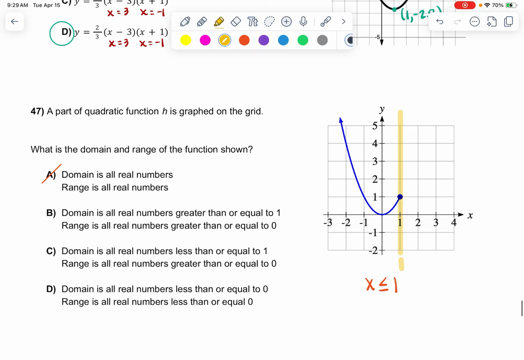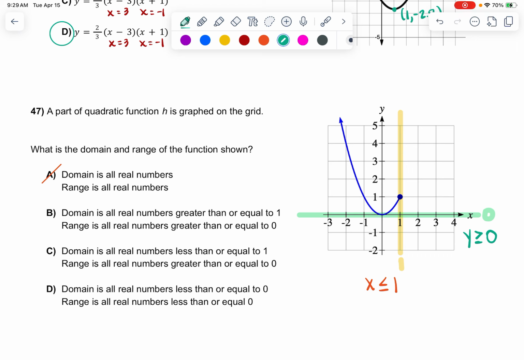And then if we look at our y's, he's trying to go forever down, but he hits a wall, and that wall has a y value of 0. And the graph exists above that wall, so y is everything greater than or equal to 0.